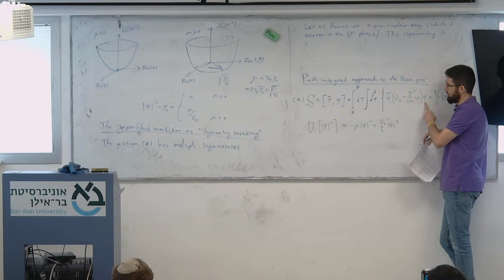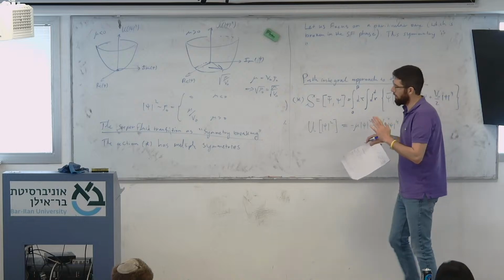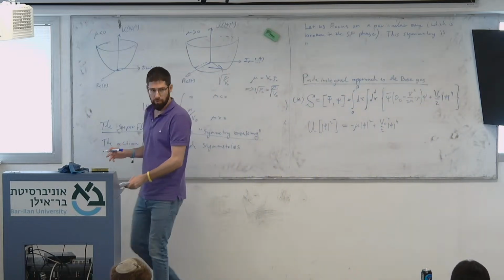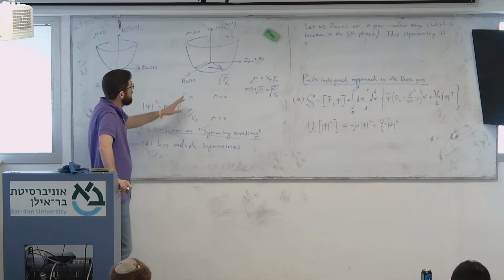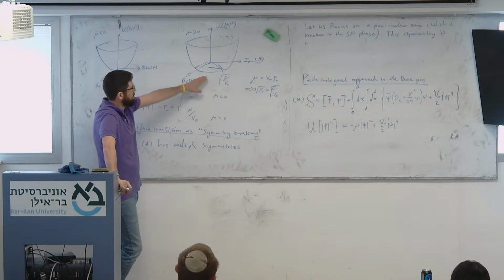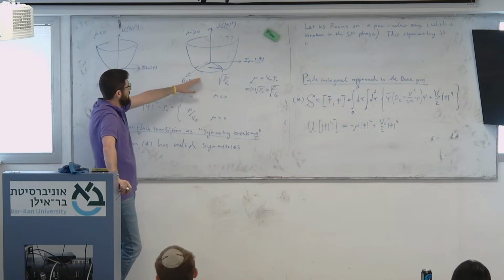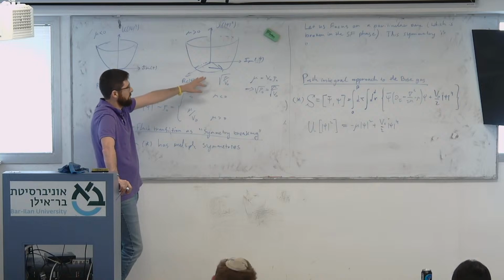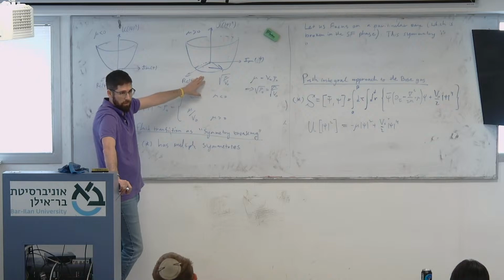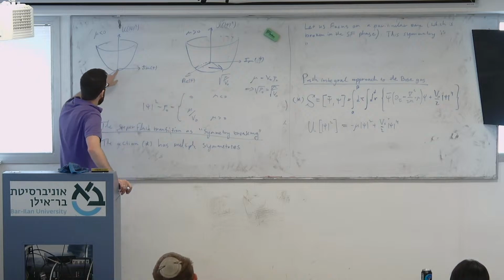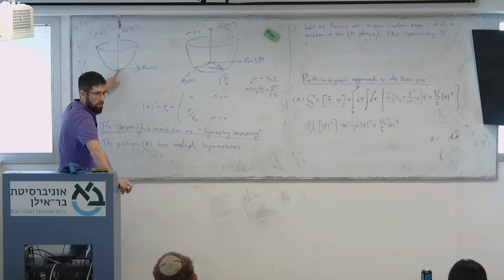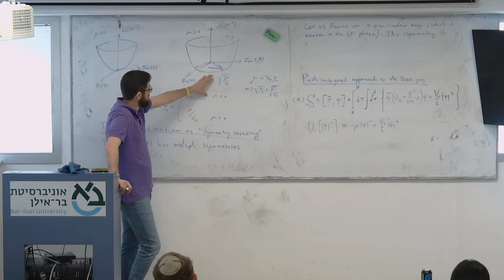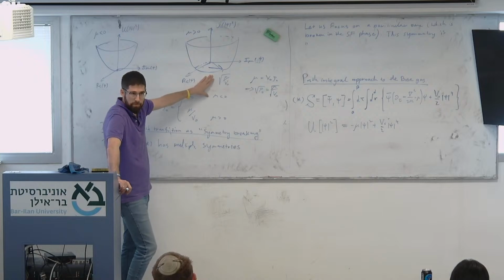But first of all, I don't think it's a particle symmetry, but maybe it will help you to think about what the ground state of the system actually looks like. So here you see the minimum was at 0. But here, what is the minimum? The minimum is actually a circle of points.